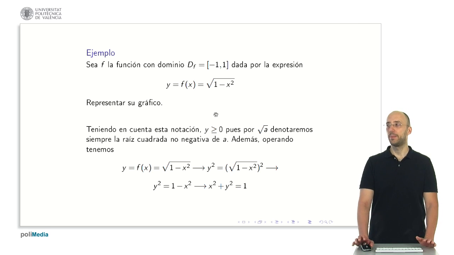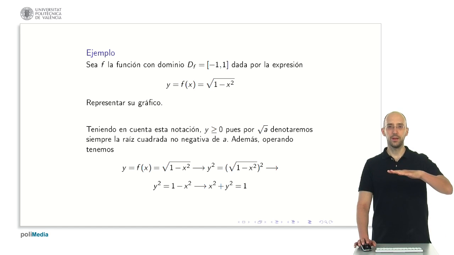To begin with, considering this notation, y equals the square root of 1 minus x squared, we will always denote by the root of a or any value the non-negative square root. That means that this is always non-negative, so the variable y, or what we represent on the y-axis, is always positive. Whatever we represent will be above the x-axis, at the top.